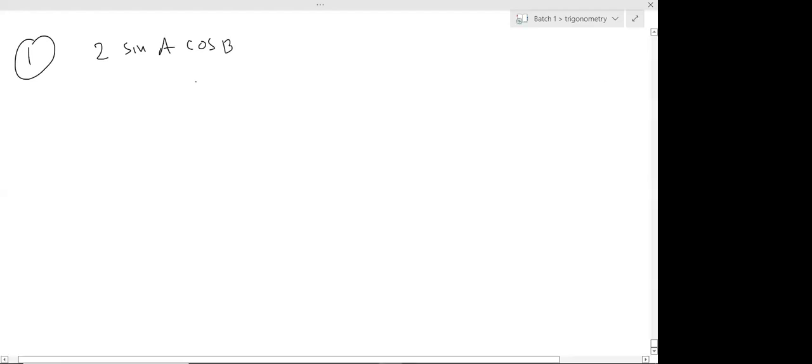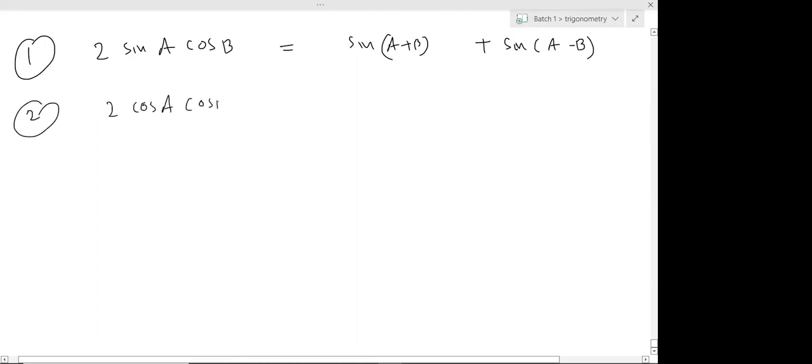In here, we are trying to change multiplication into additions or difference. So this is equals to sine A plus B plus sine A minus B. All right. 2 cos A cos B is equals to cos A minus B plus cos A plus B.